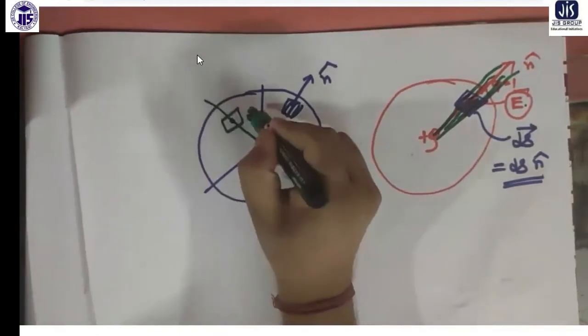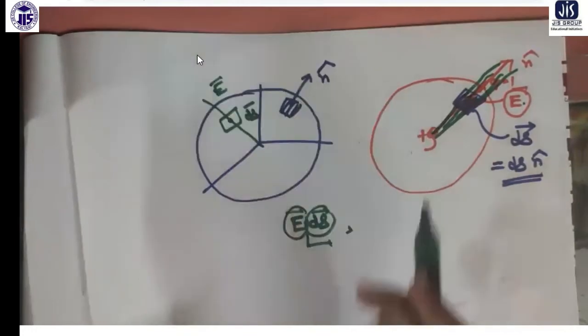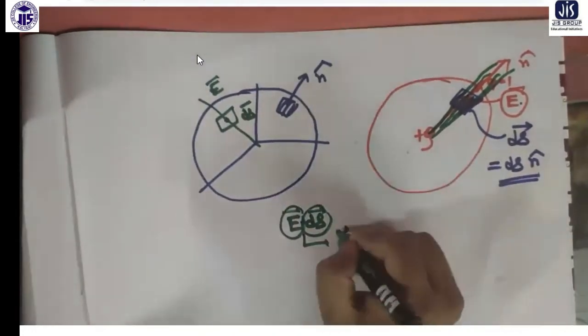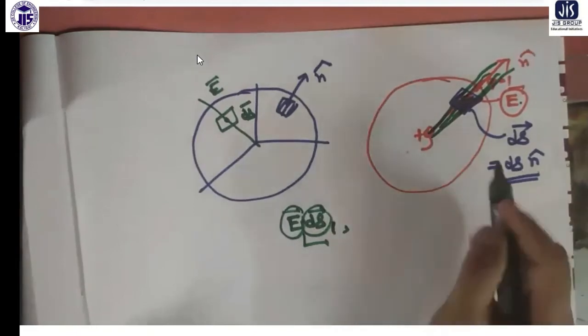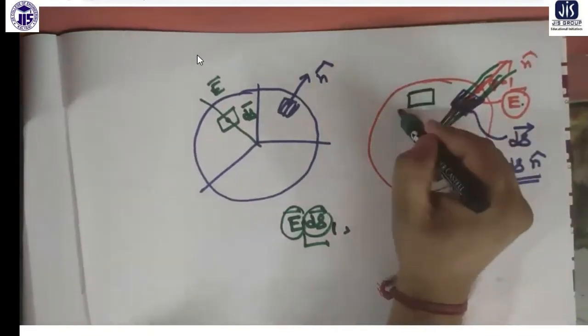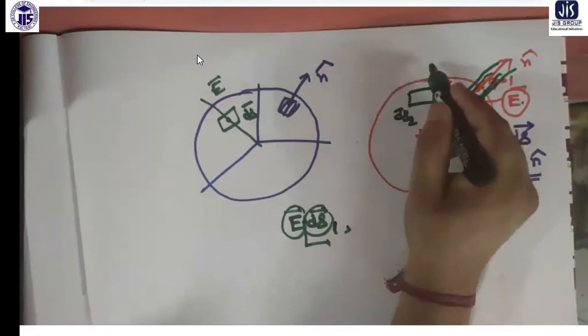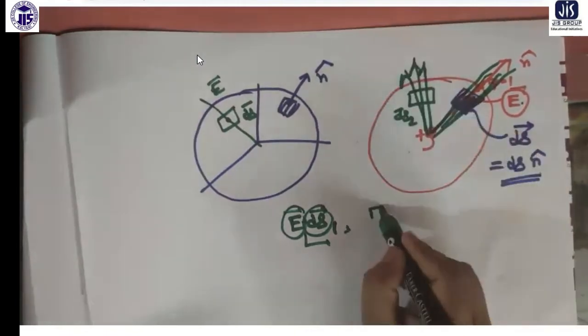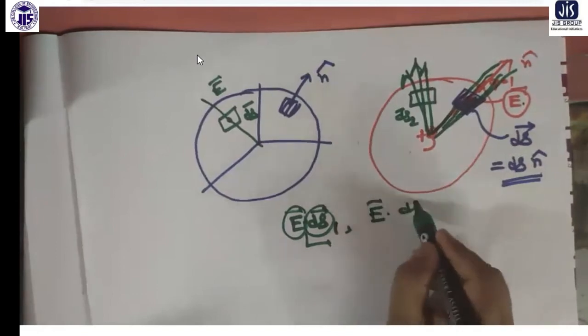So the line of force coming out through an elementary area ds is basically E dot ds. If I choose ds1, it will be E dot ds1. If I choose any other surface area, say ds2, the total number of lines of force coming out through this surface area we may call E dot ds2.